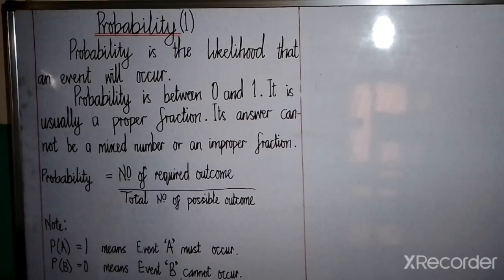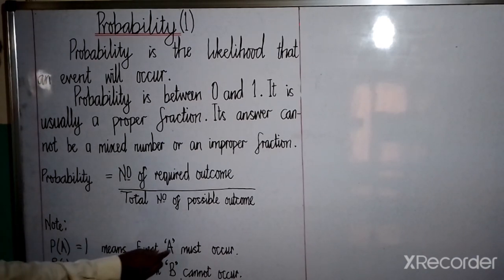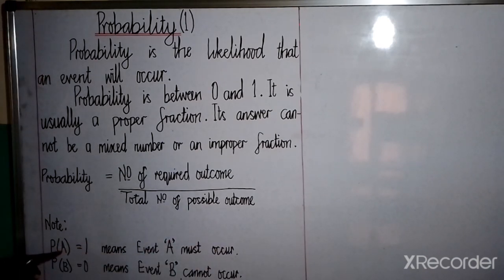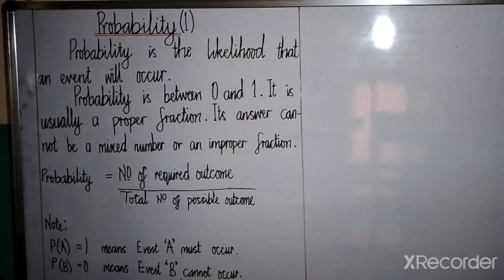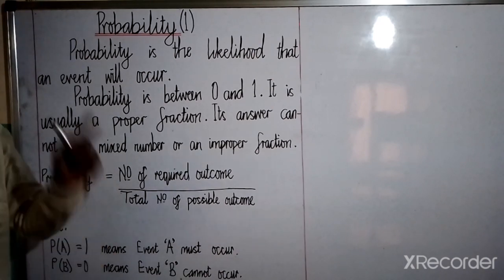And I want you to take note of this. It says probability of A equals 1. This means event A must occur. And when probability equals 0, that means the event cannot occur. For instance, you can think of things that must occur.